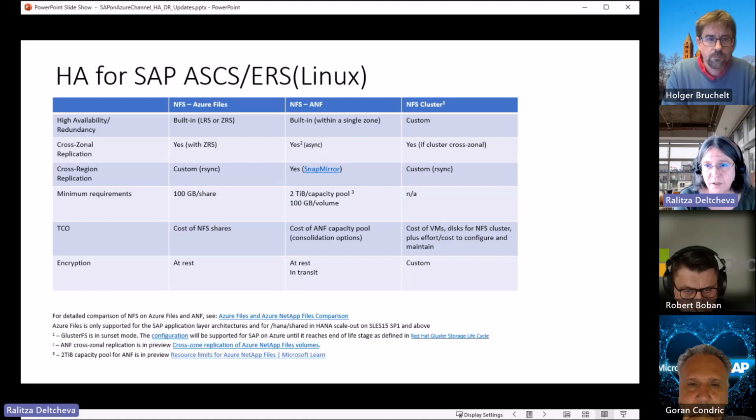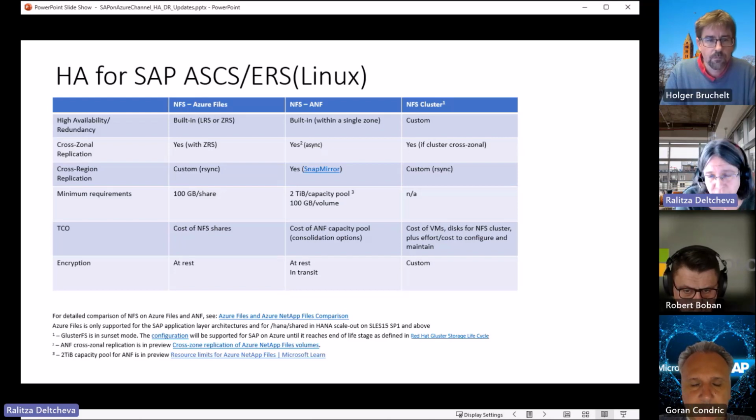So when designing for HA for the SAP central services, just keep that in mind, because if you deploy your compute across availability zones, and if you use that as a pure HA construct, failing over to the other zone will not give you exactly the same parity at the storage level.